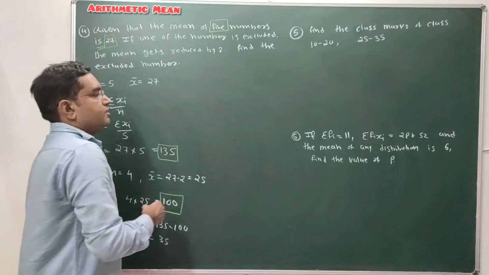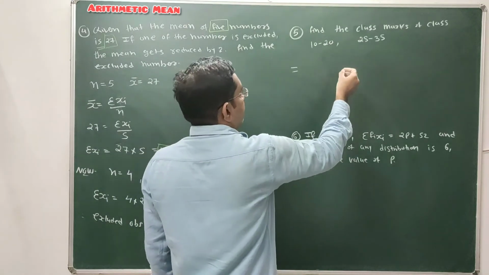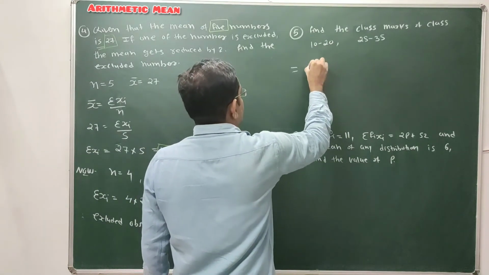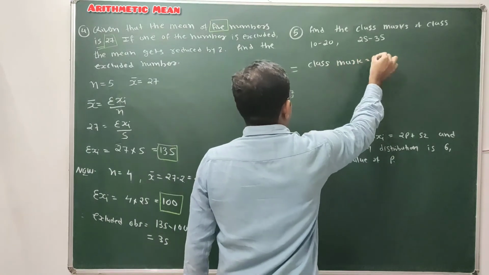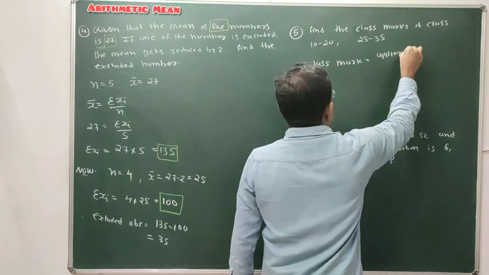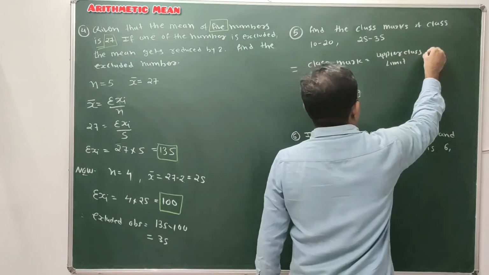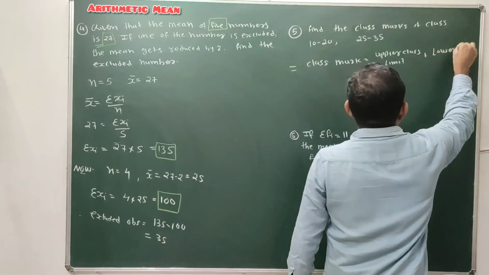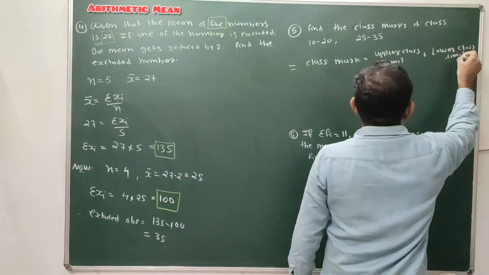Clear? Now this question number 5. This is for 1 mark. Here you have to find the class mark of this given class. So what is the formula to find the class mark? Class mark is nothing but the upper class limit plus lower class limit divided by 2.